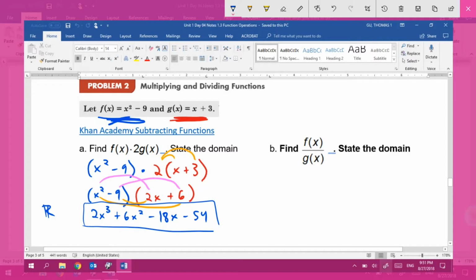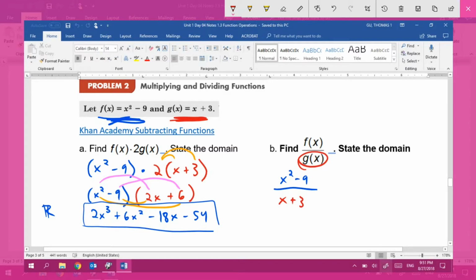Next up, let's do dividing functions. Here we have a fraction, so first things first, let's go ahead and write it out. f of x is going to be x squared minus 9 over g of x, which is x plus 3. Now remember, the bottom, g of x, cannot equal 0. So let's see what values x cannot equal.